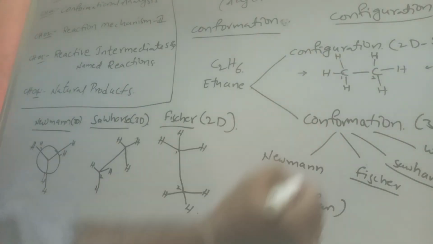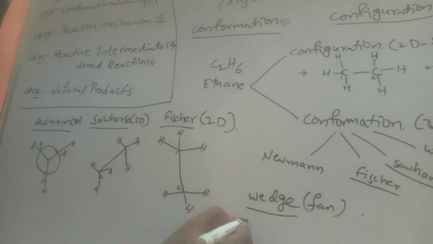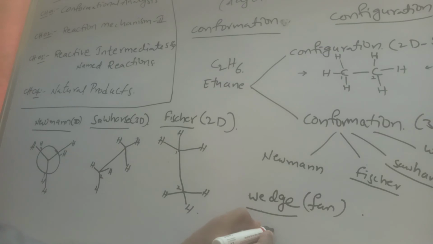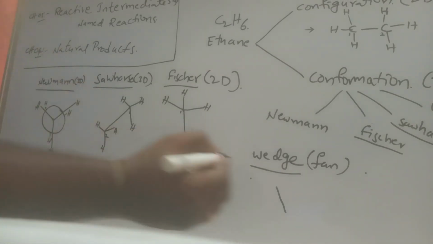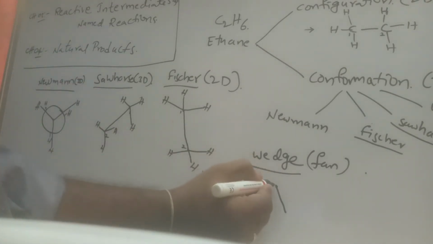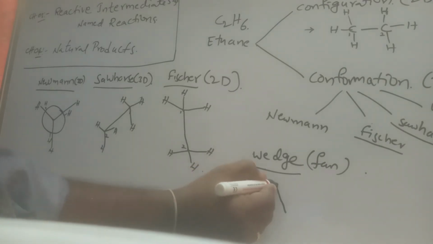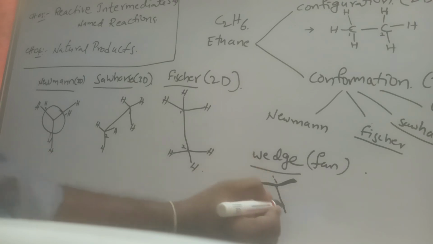So here 2 carbons are presented. These 2 carbons having the bond, we can take here like this. Each carbon can be shown here as fan wings like this.